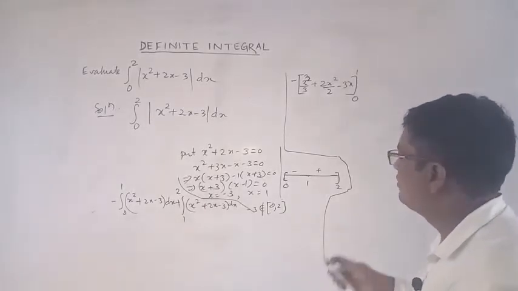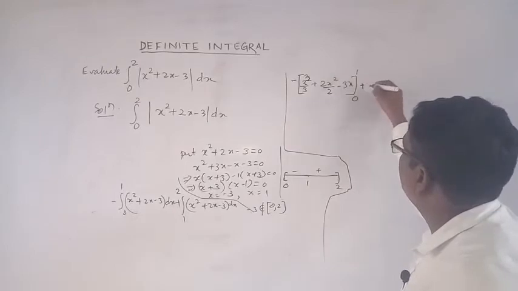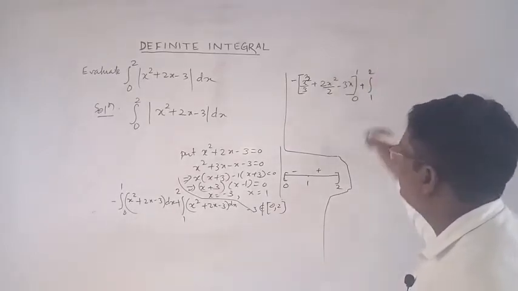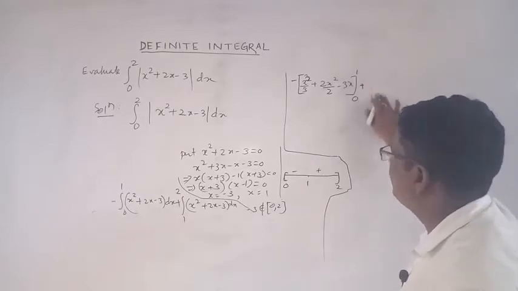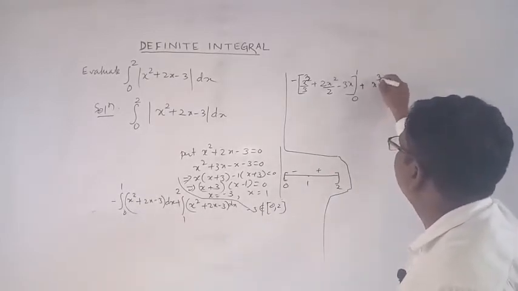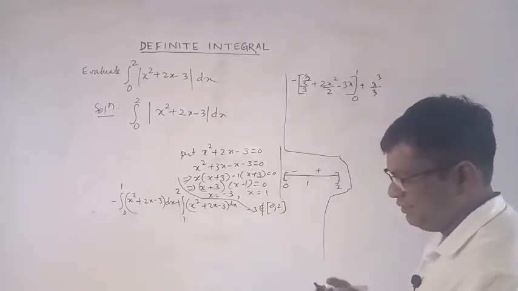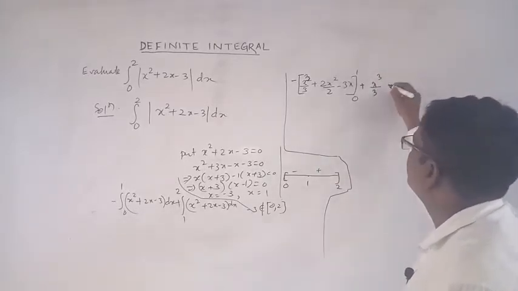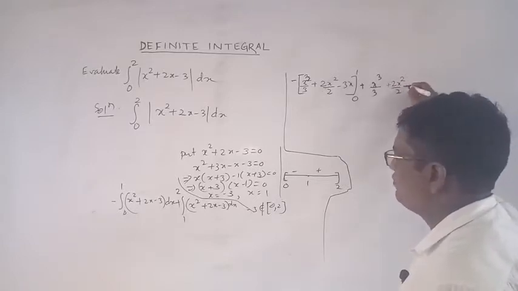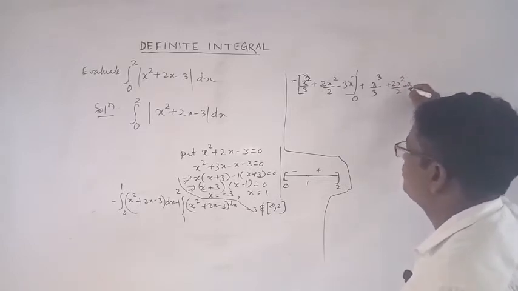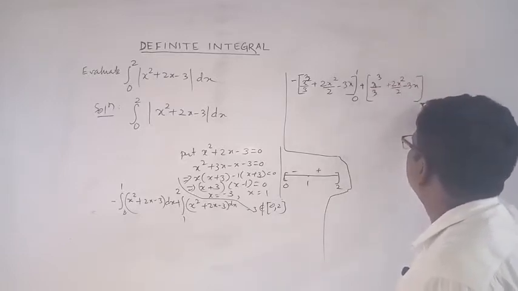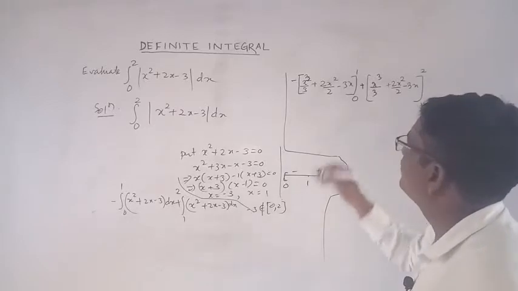And then from 1 to 2, integrate this: x cube by 3 plus 2x square by 2 minus 3x, with limits 1 to 2, clear?